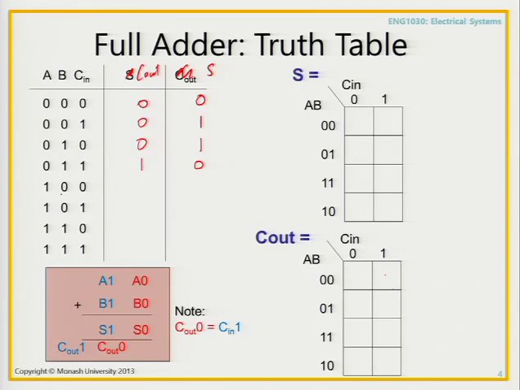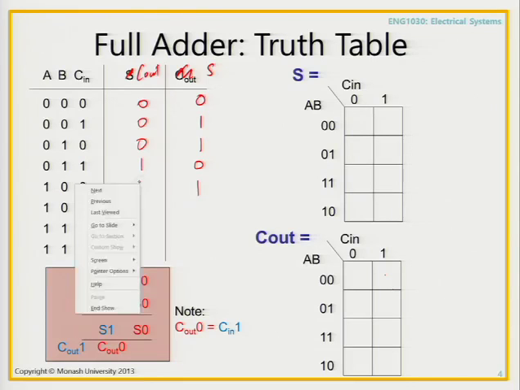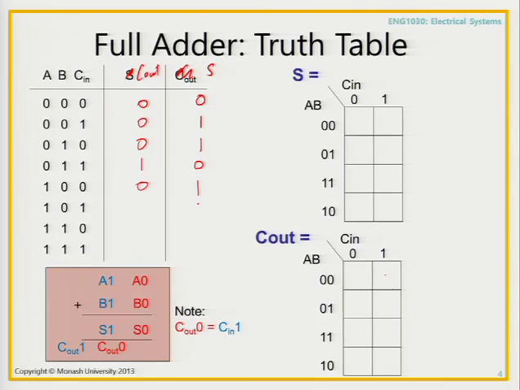Very good. Over here, you've got what? 1, and carry out 0. Good. Over here, sum 0, carry out is 1. The sum here 0, carry out 1. The sum here?